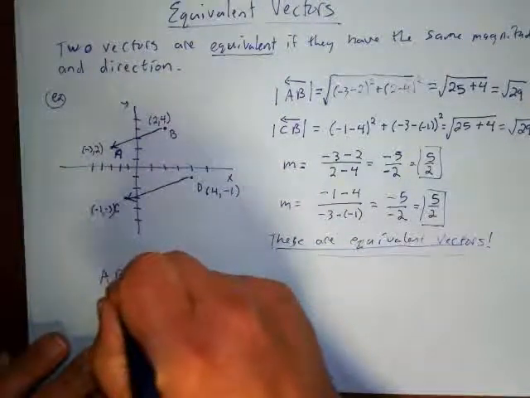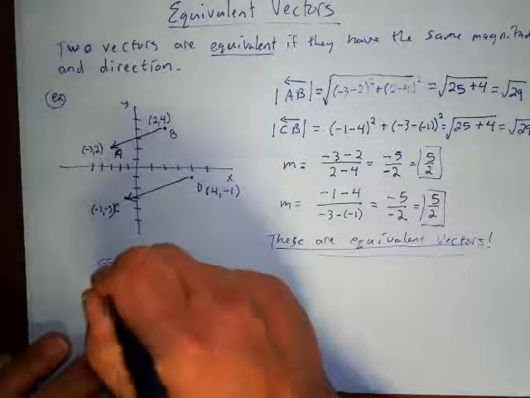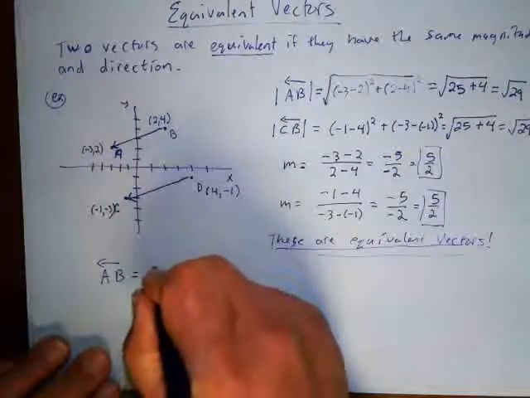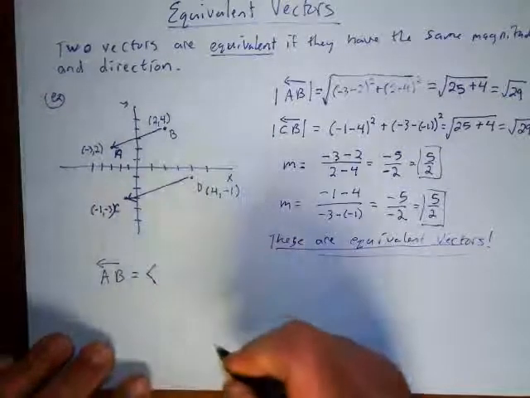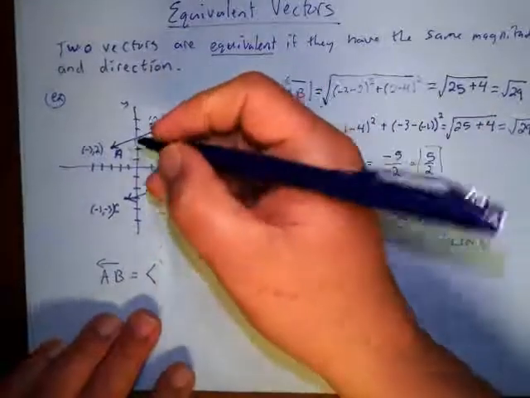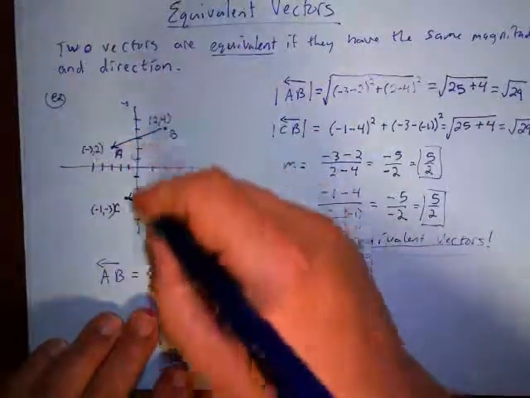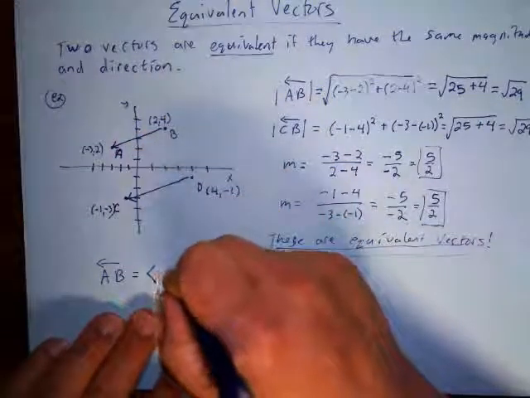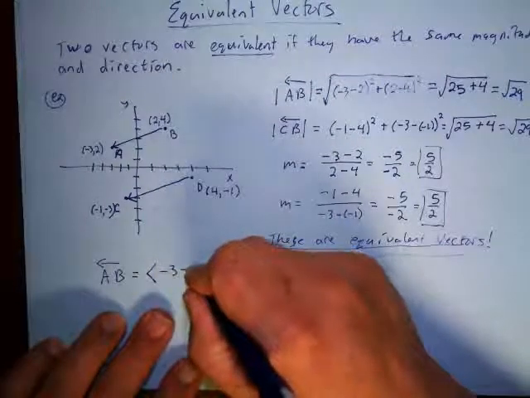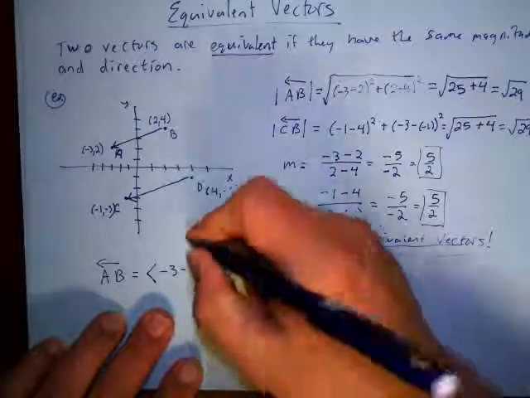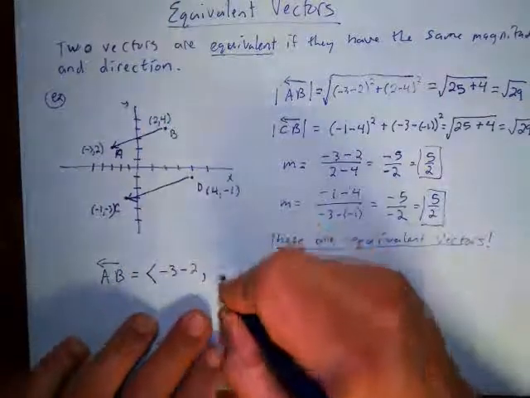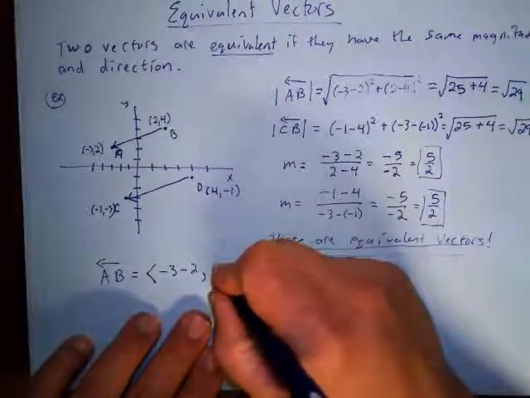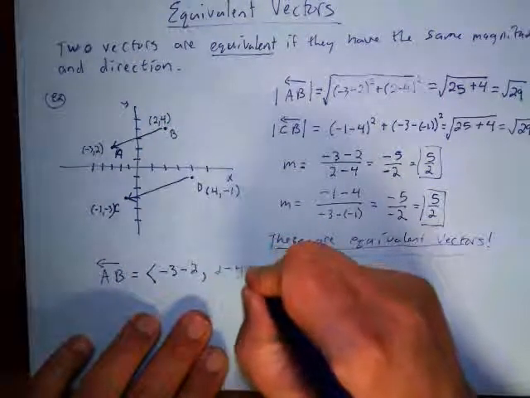So vector AB, the component form, I'm going to use a square bracket like that, and the component form is going to be the difference in the x values, so negative 3 minus 2, and then a comma, the difference in the y values, so that would be 2 minus 4.